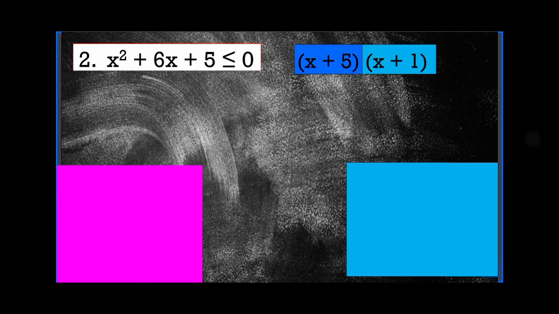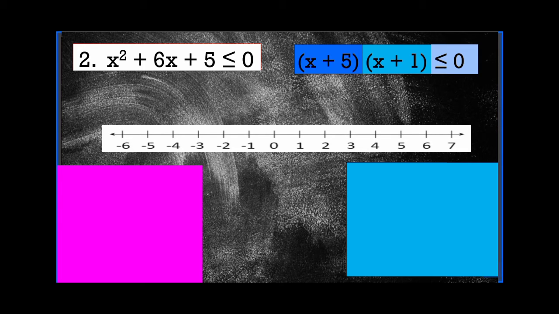So, we have now x plus 5 and x plus 1. Then, this is less than or equal to 0. Now, we have x plus 5 multiplied by x plus 1. Then this is less than or equal to 0. And the values of x here are negative 5 and negative 1.